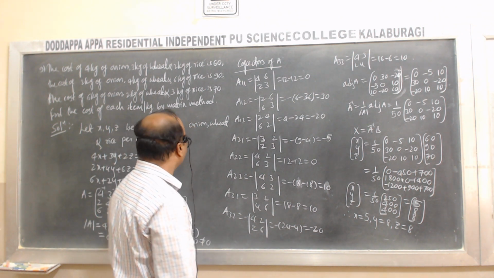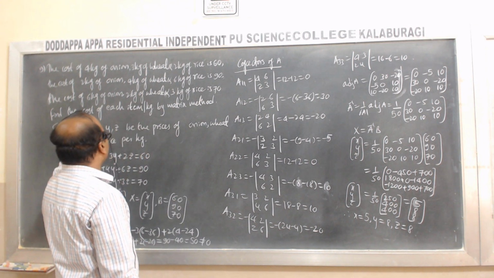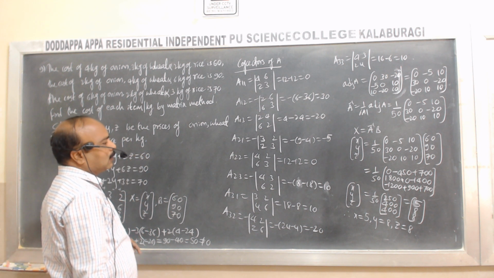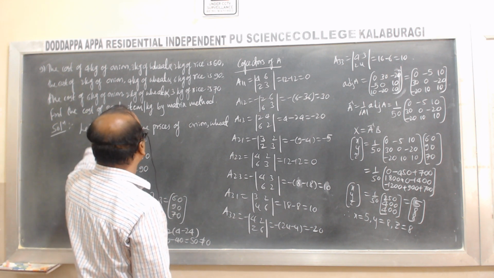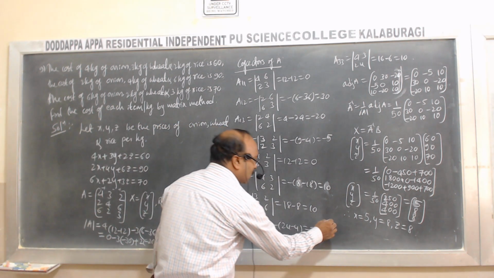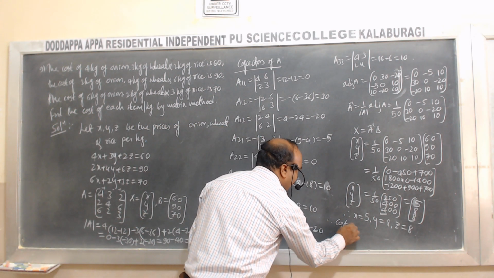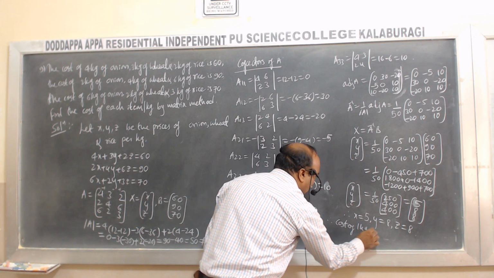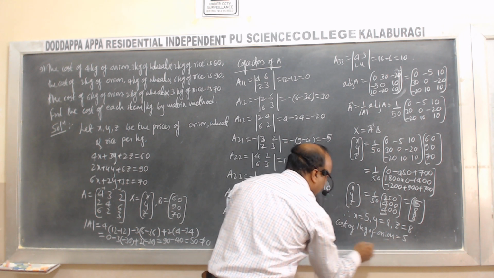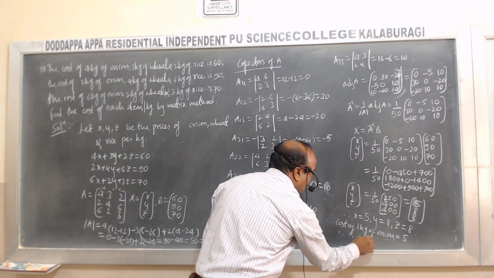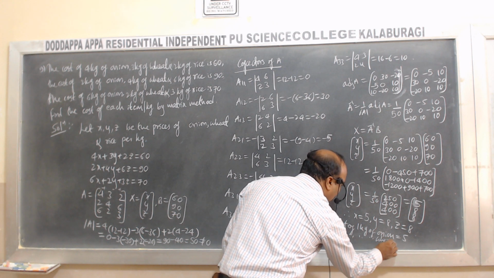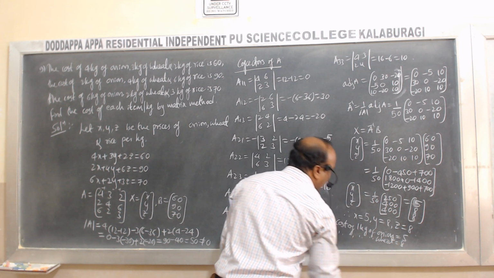So they asked the question, find the cost of each item per kg by matrix method. Therefore the cost of 1 kg of onion we get 5 rupees. Next, cost of 1 kg of wheat is equal to rupees 8.